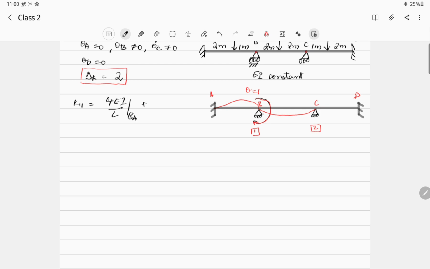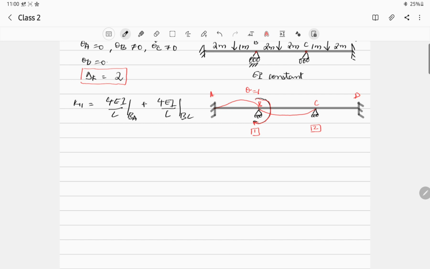Then plus, if you see the span BC, what happens here? Here also 4EI by L for span BC. And then what about member CD? There is no rotation for CD, isn't it?